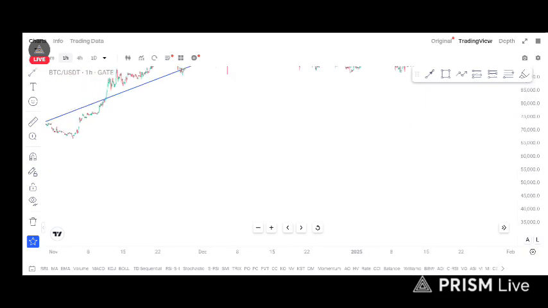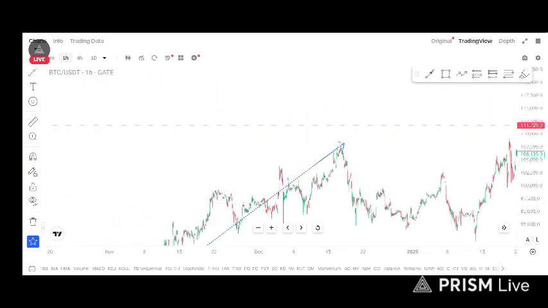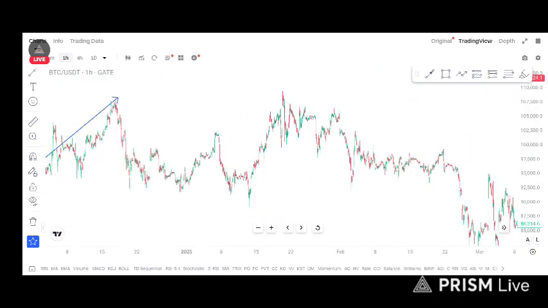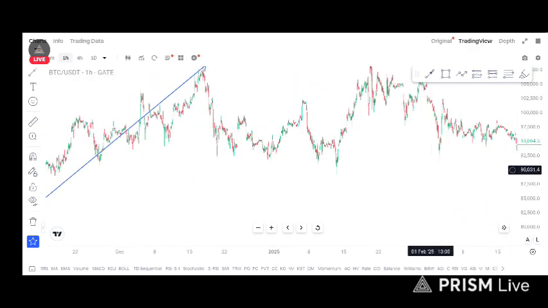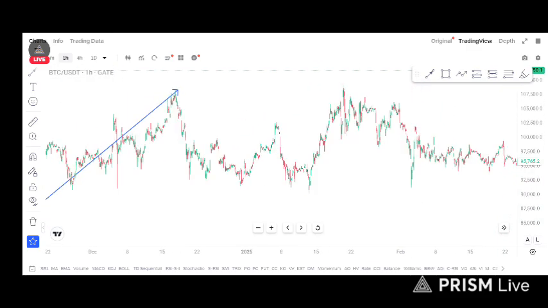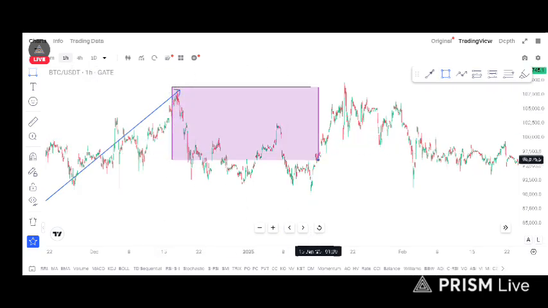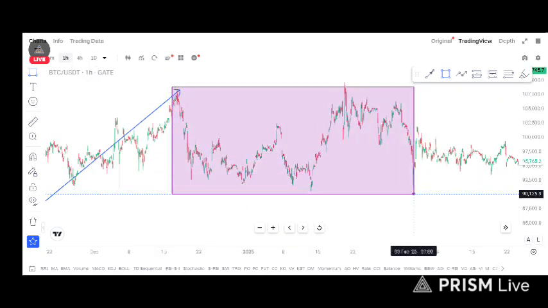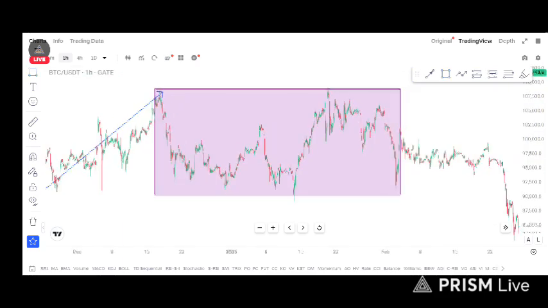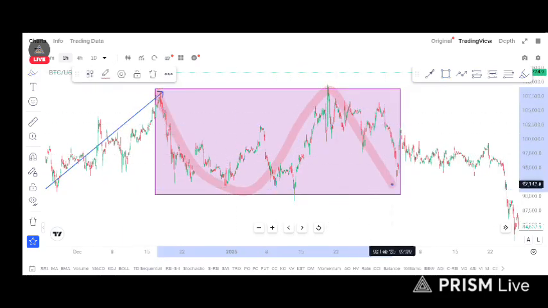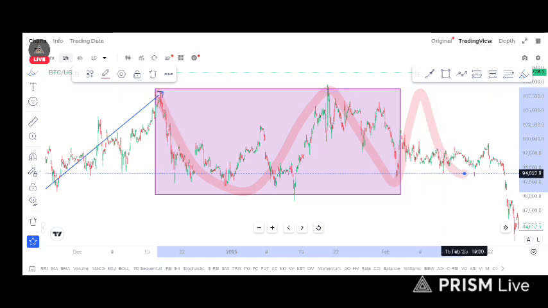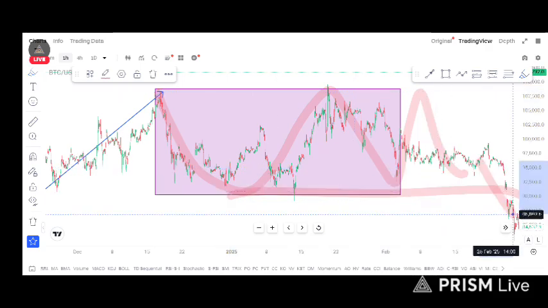Yeah, it's like it ranged there. Is that a perfect example of a ranging market? Yes. Are you seeing it? I see no direction till it broke this guy and started moving to the downside.